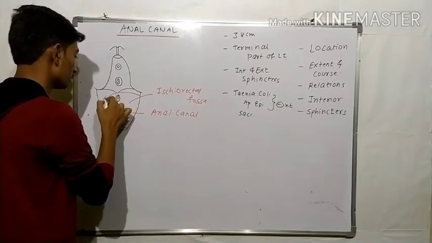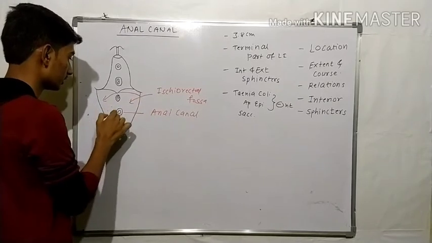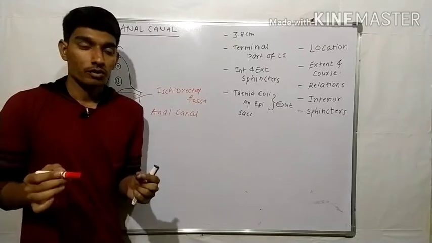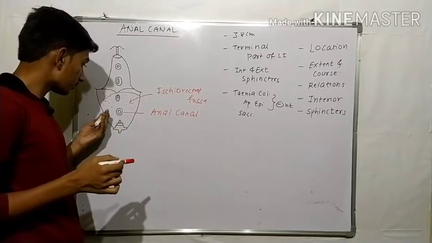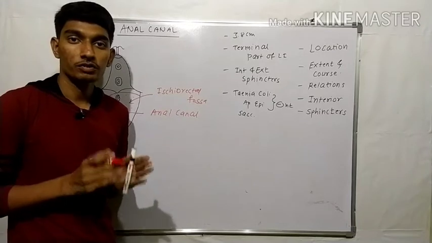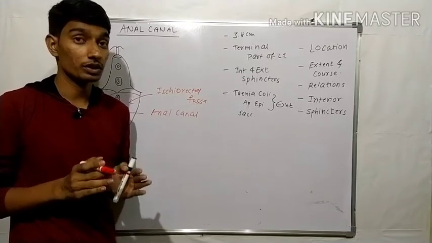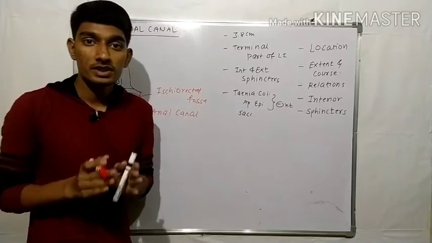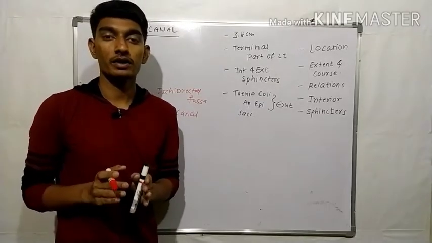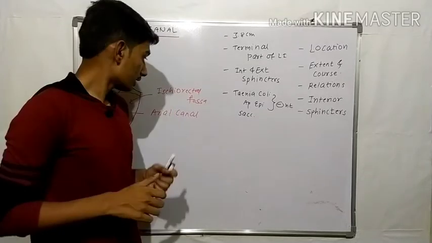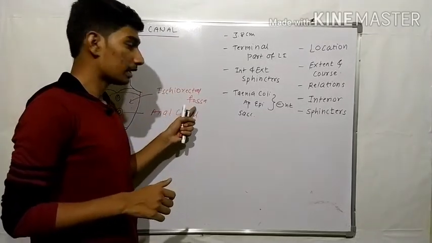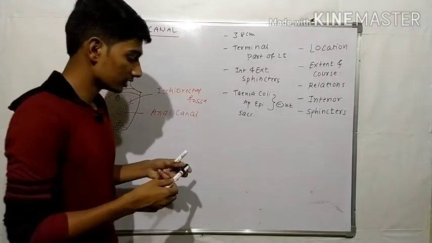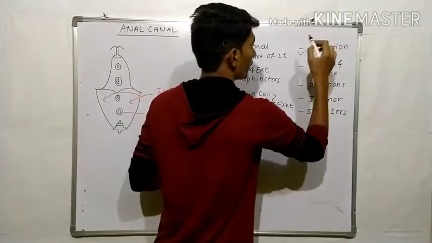These are the two ischiorectal fossae, the surrounding structures. So the anal canal is situated between the two ischiorectal fossae, and what do the ischiorectal fossae do? The ischiorectal fossa helps the anal canal to expand during defecation. This is about the location of the anal canal.